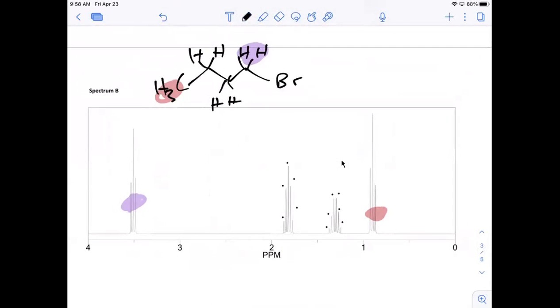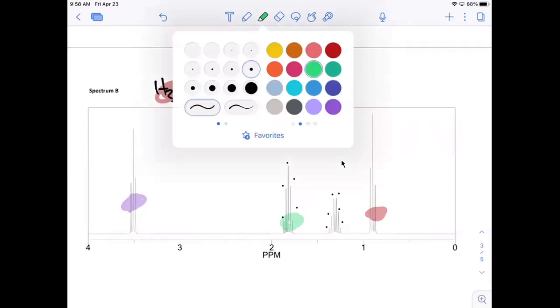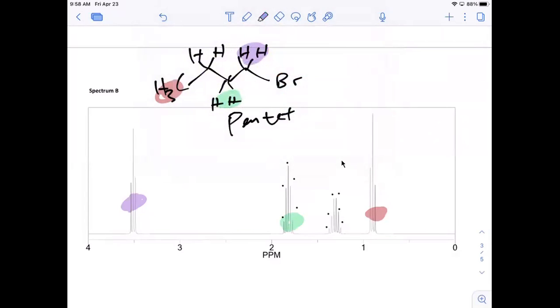All right, so this one would be a pentet. Go ahead and color them. So that's that. And then the sextet would be here, same color.